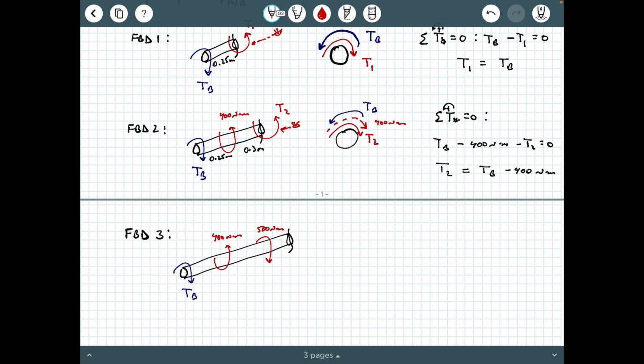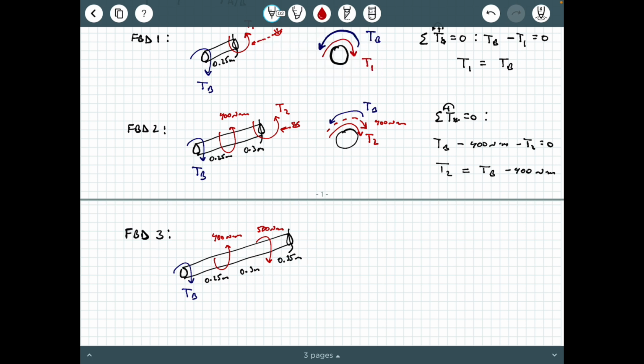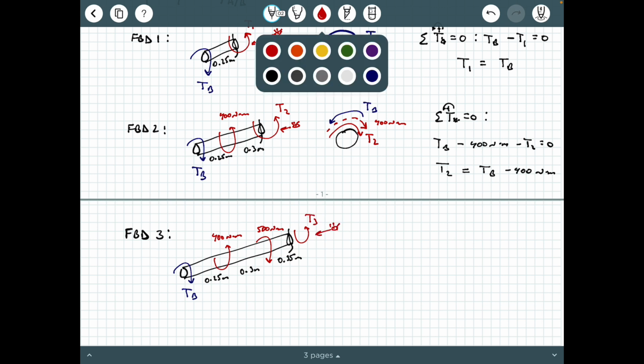Again, we're following a very similar process that we've done the previous 2 times, just method of sections. 0.3 meters. This one's 0.35 meters from the original drawing. And then, of course, we've got T3, and we've got the eyeball looking in, okay? And so what do we see?